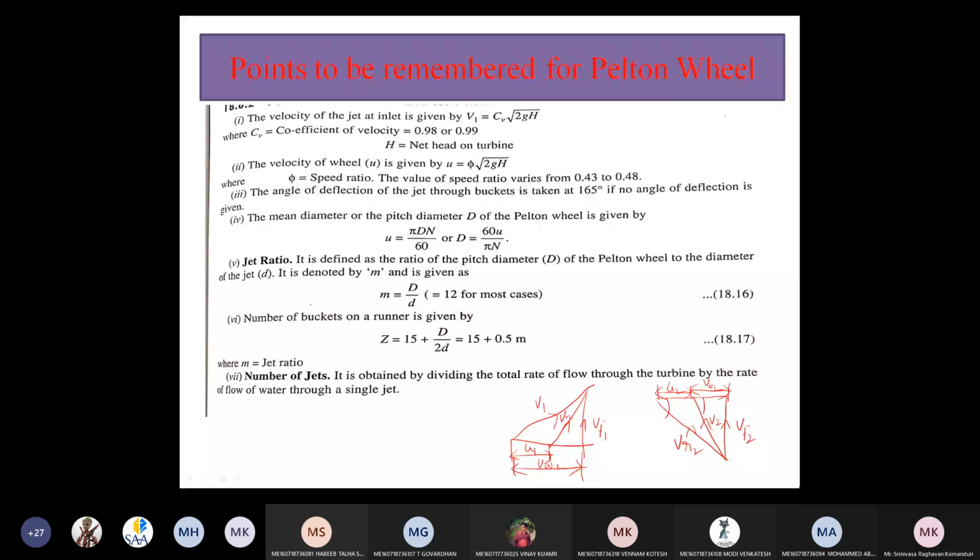So these are the inlet and outlet velocity triangles in general. Coming to the application for Pelton wheel, the inlet velocity triangle becomes a straight line because tangential flow occurs in the case of Pelton wheel.